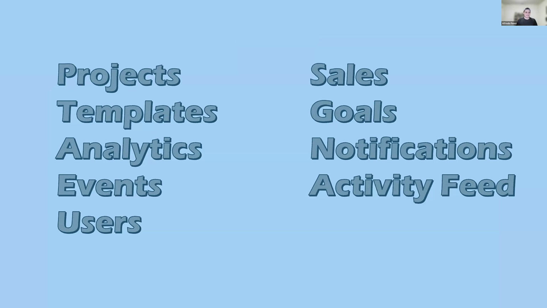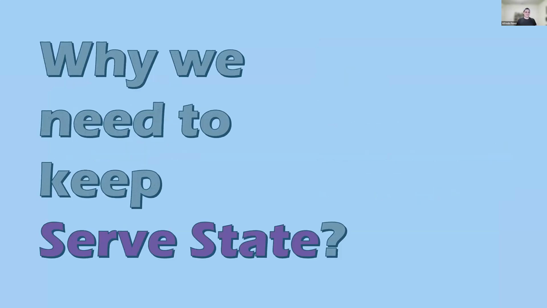But here is the question: why do we need to keep server state? We need to keep server state to have a better UI, because if we manage the server state, we can be more performant since we're caching some of the data. If the user is trying to access the data multiple times, we can reduce requests and have smooth transitions.